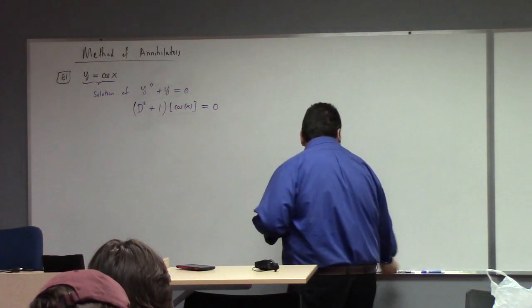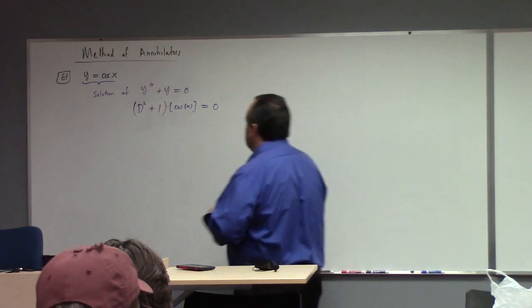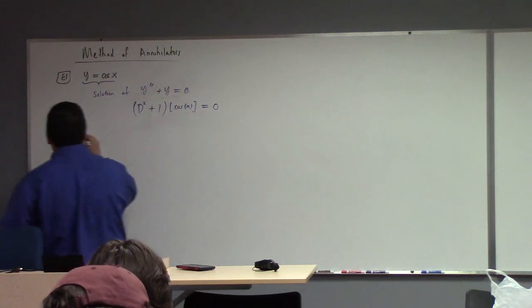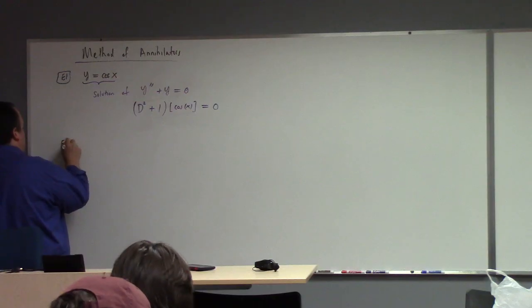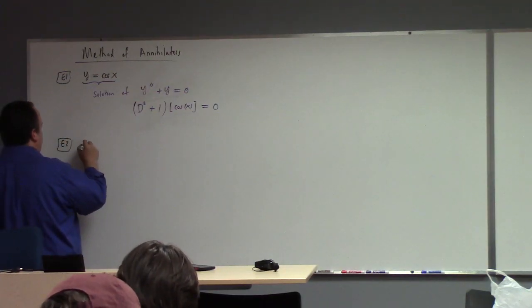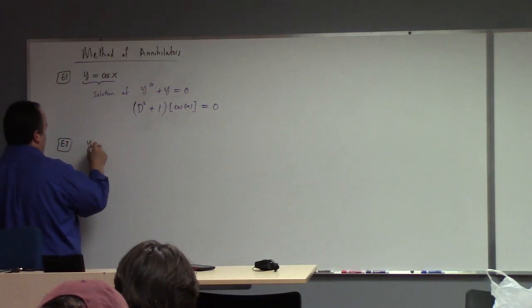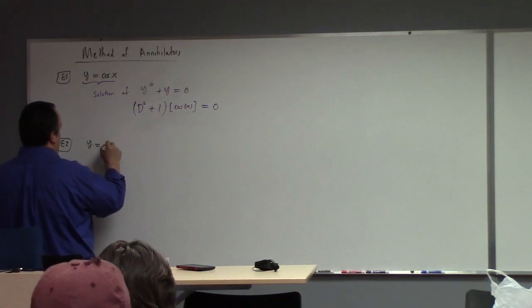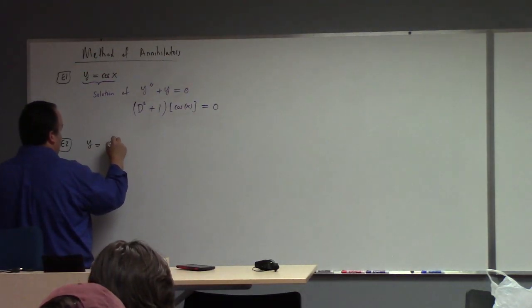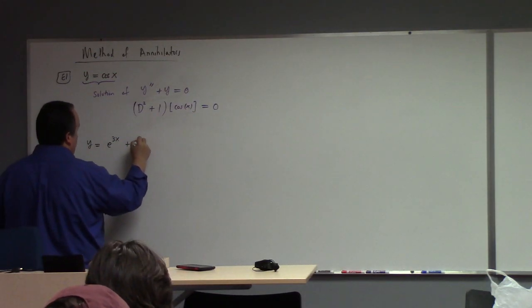Let's try another example. What if I'm up against y equals, oh, I don't know, e to the 3x plus x squared?